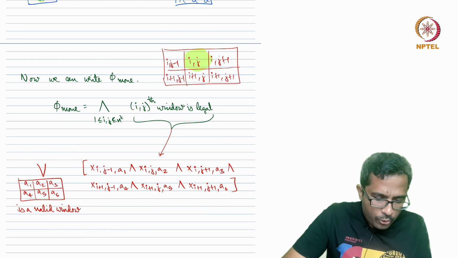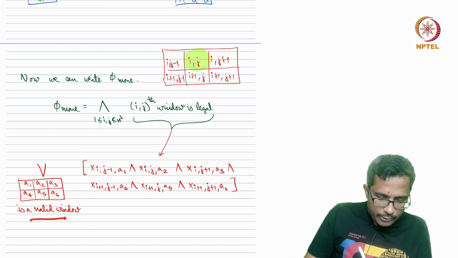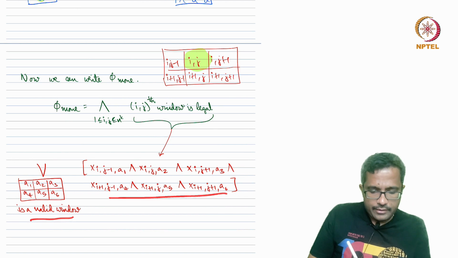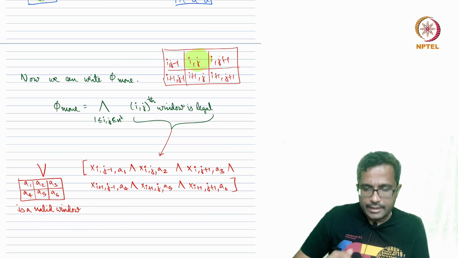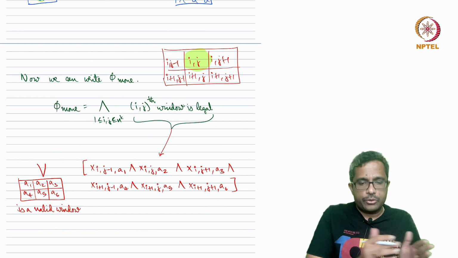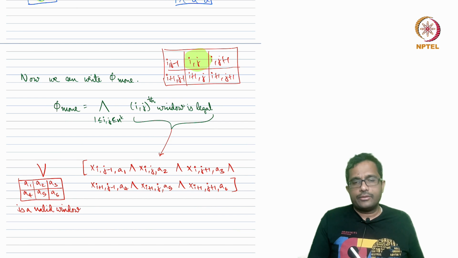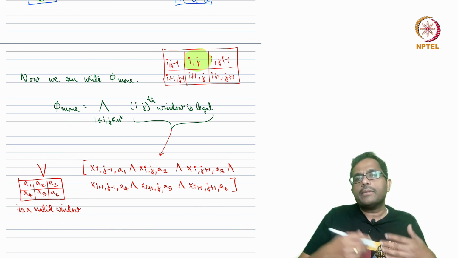So it's an AND over all the windows and an OR over all the valid windows, and inside there is an AND, checking whether this window is this valid window. So whether the selected window ij corresponds to the specific valid window A1, A2, A3, A4, A5, A6. Like that we check through all the valid windows. Maybe it is not this valid window, but some other valid window.